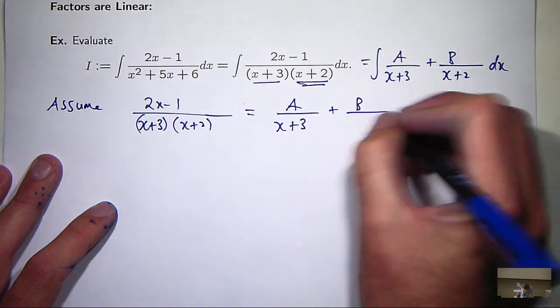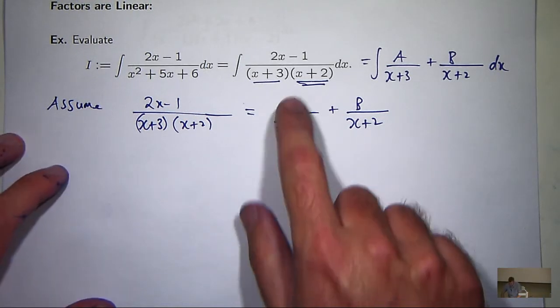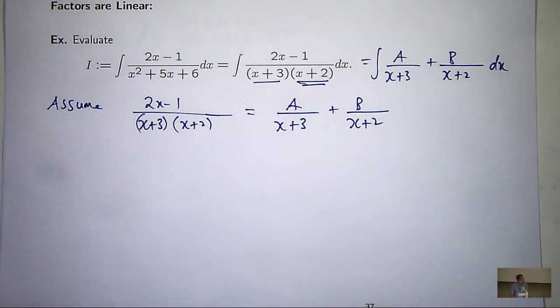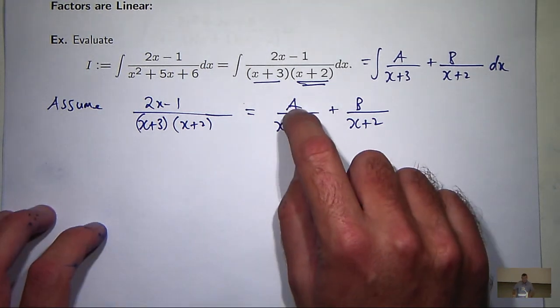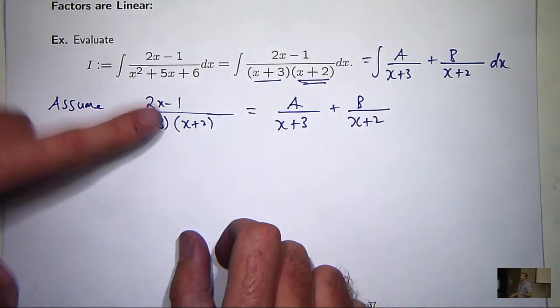To find A, this is important, you need to listen now. To find A, I look at what's underneath it and go to the left-hand side. I cover up that x plus 3, and then substitute in x equals minus 3. That'll give me A. So I go to the first one, look underneath it, x plus 3, go back, cover up that bracket, ignoring this, and substitute in x equals minus 3.